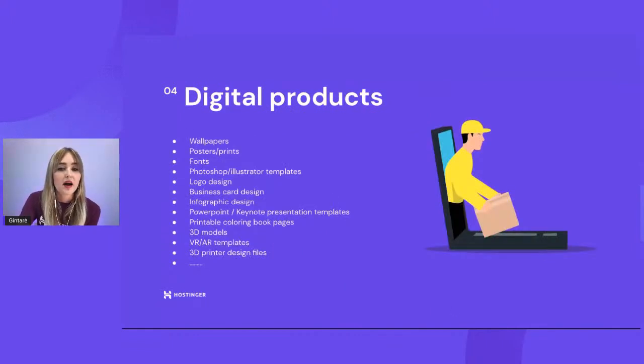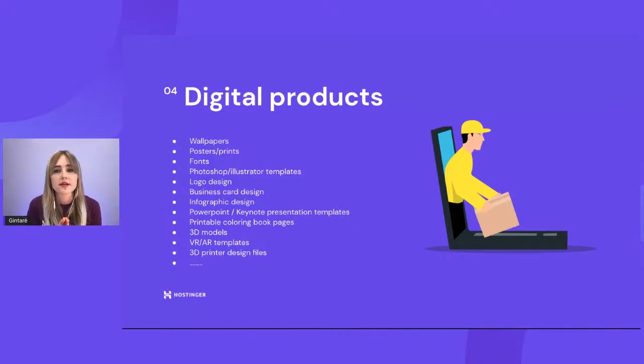So how does one exactly do that? It's really not rocket science. One way or the other, you will be selling work that you created using software or some app of your choice. So that finished work of yours will be called a digital product.